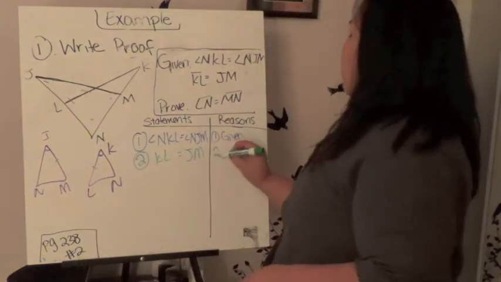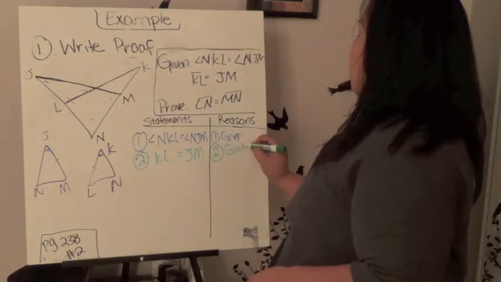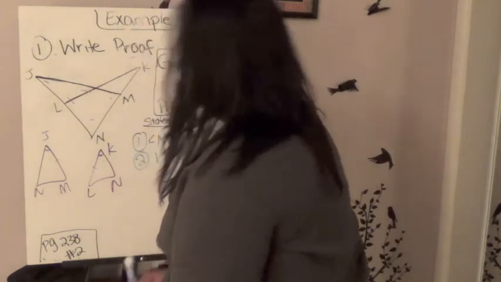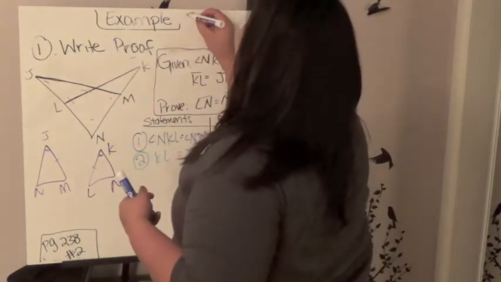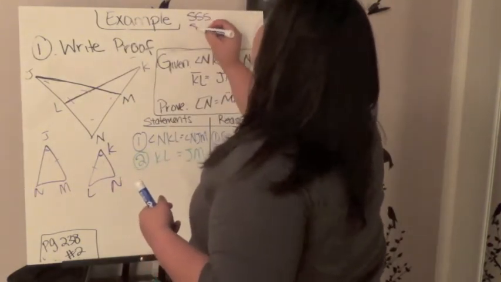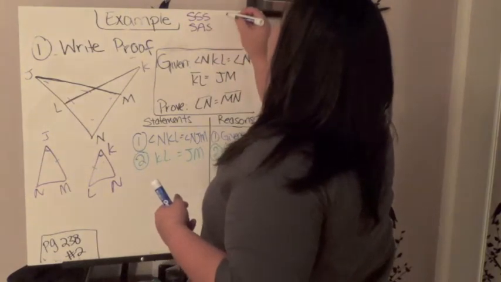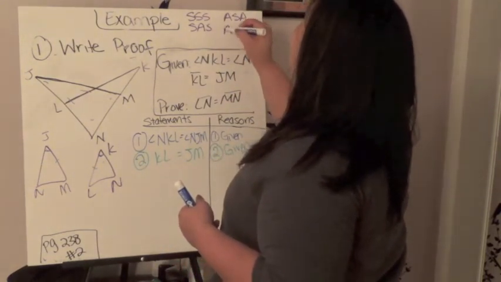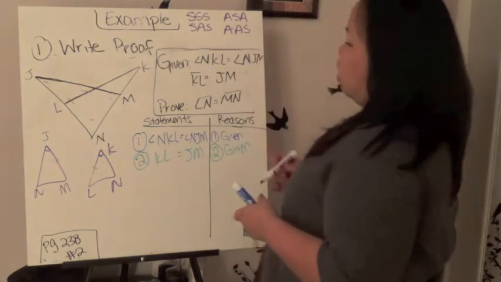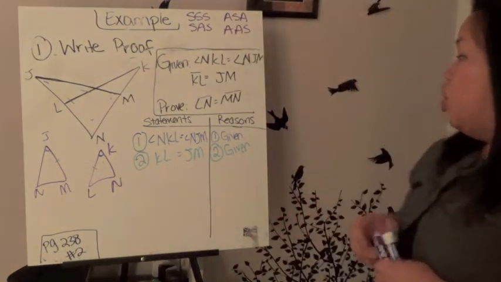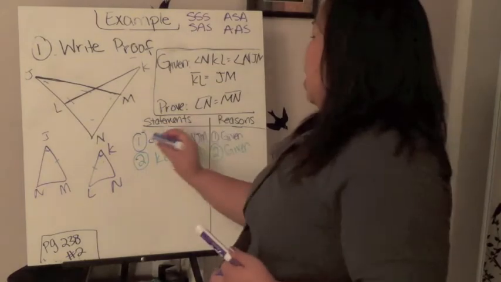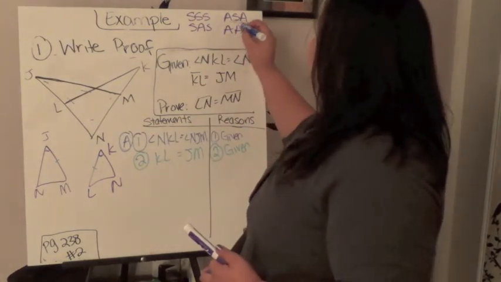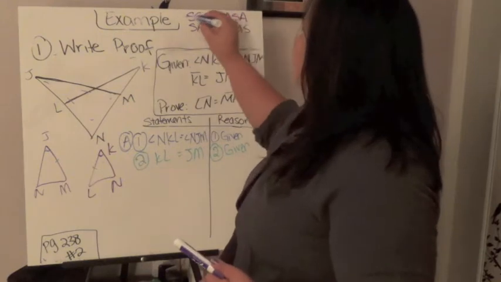With just our given, let's see what we have so far. Again, our options are side, side, side; side, angle, side; angle, side, angle; or angle, angle, side. So here are our shortcuts, so we don't have to figure out all. So far, we have an angle, so that means we no longer are going to use the first one.